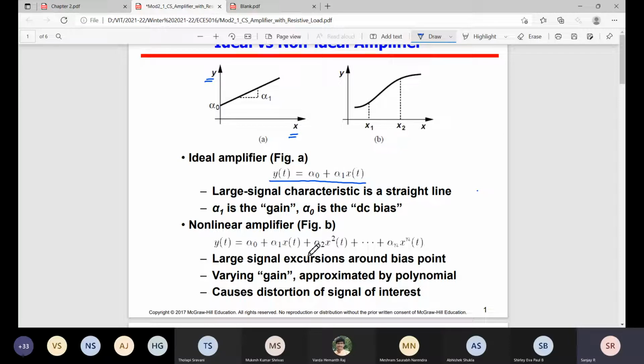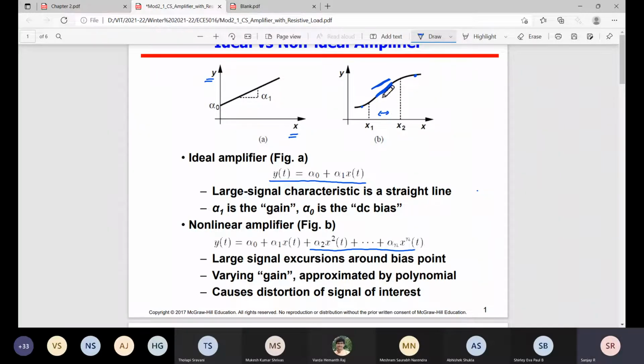There will be some non-linear terms, so practically non-ideal curves will be there. We want to operate our transistor where the amplification is linear, but we cannot operate here because it is non-linear.